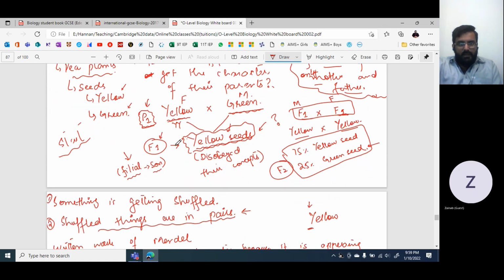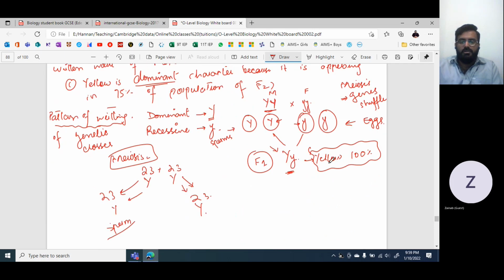By looking at this observation and this observation, you will come to know that approximately there would be 100% yellow seeds, because in all these expressions, all the sperms are containing the capital allele, the dominant allele, and all the eggs are containing the recessive allele. Which means if this sperm joins with the egg, none of the eggs is producing the normal protein, but all the sperms are producing the normal protein.